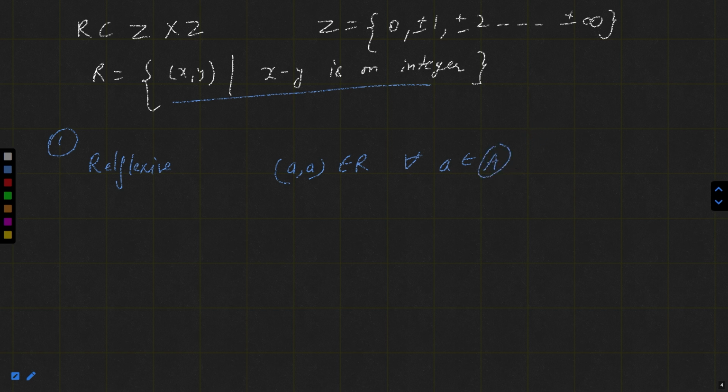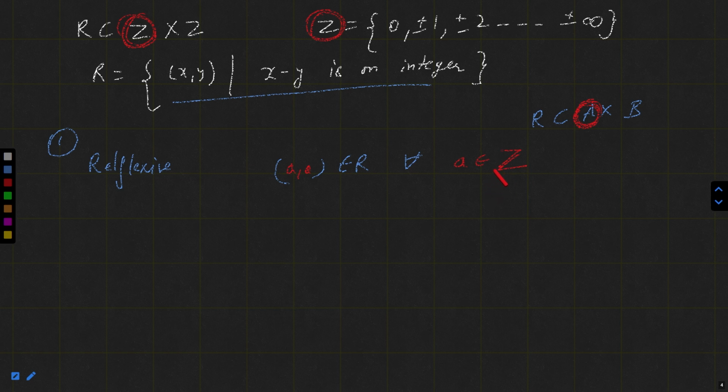So what is my A? If R is a relation from A to A, then A is my integer set. So (a, a) must belong to R for every a from the set of integers.